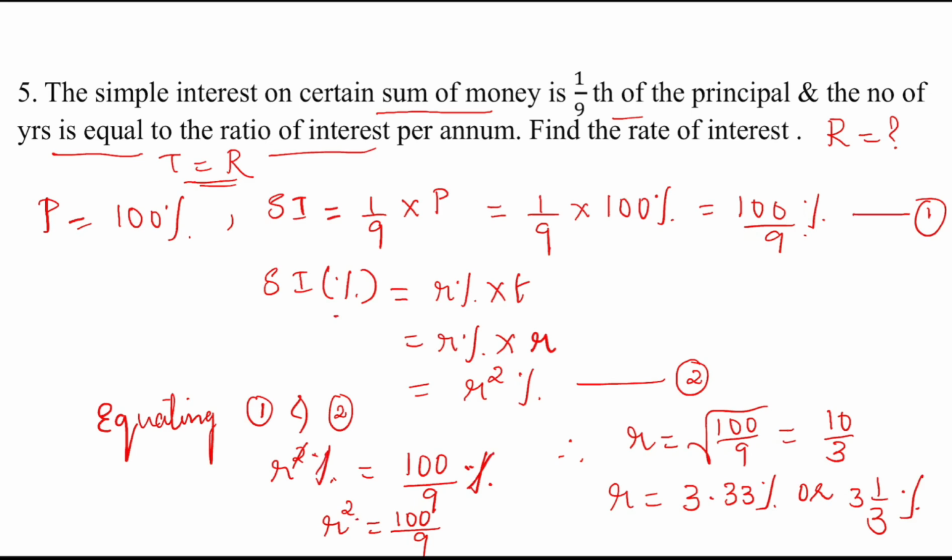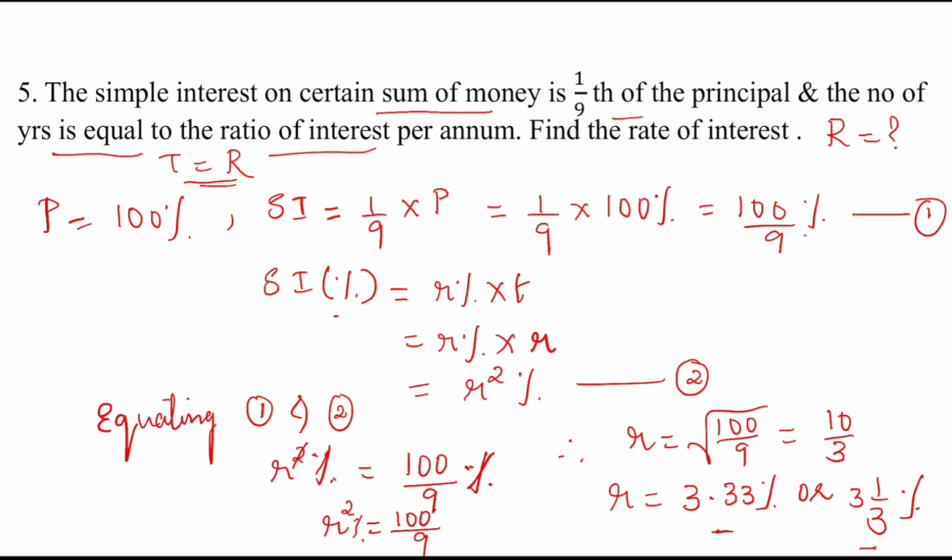So R is square root of 100 by 9, which is 10 by 3. So this is R.